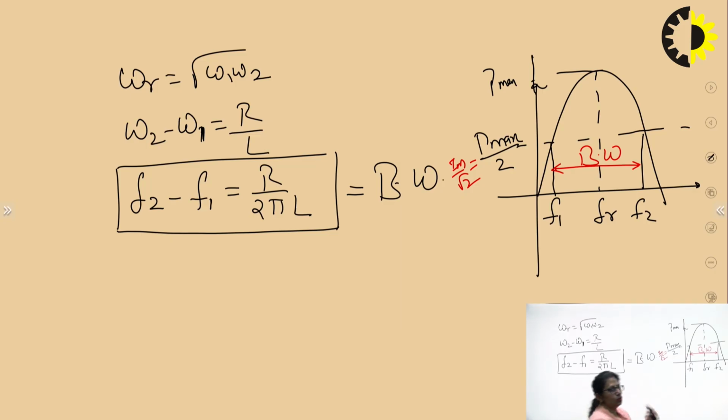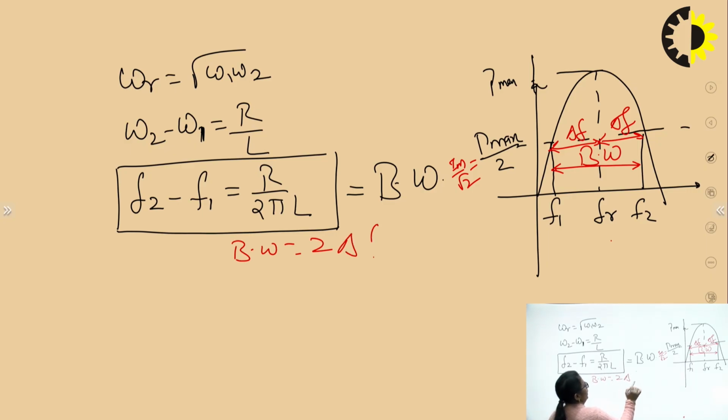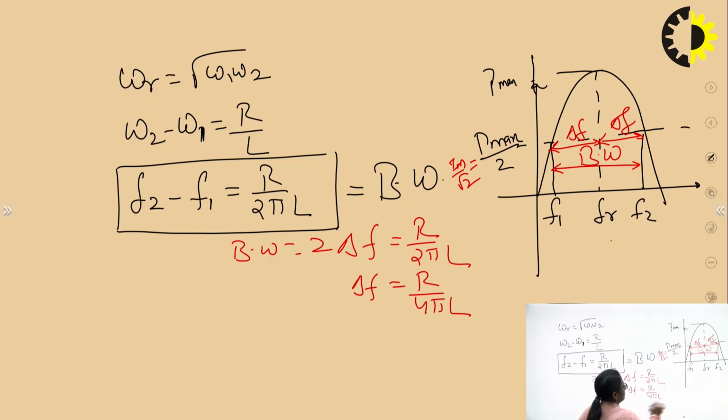Now, if this is so, obviously, in the earlier case also we derived that FR is the geometric mean of the two, right? So, I may just consider that this is certain delta F and this is also certain delta F, right? It is lying at the center. If that is so, I may be writing that this bandwidth is actually equals to twice of delta F, which is R upon 2 pi L. It means delta F is equals to R upon 4 pi L, right?